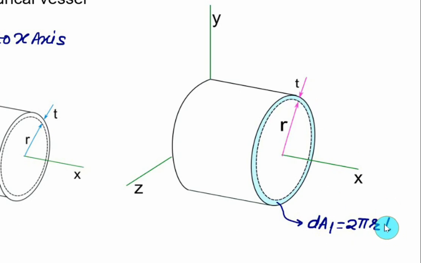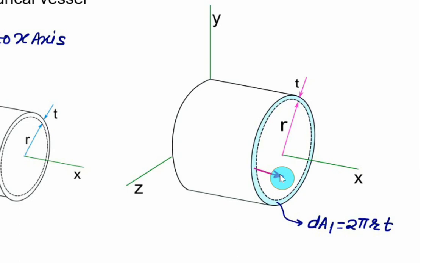So this is the wall area that is resisting the material, and on this wall area the longitudinal stress will act, because this stress is parallel to the x-axis, and the x-axis is our longitudinal axis. So let's represent here the longitudinal stress, which is parallel to the x-axis.